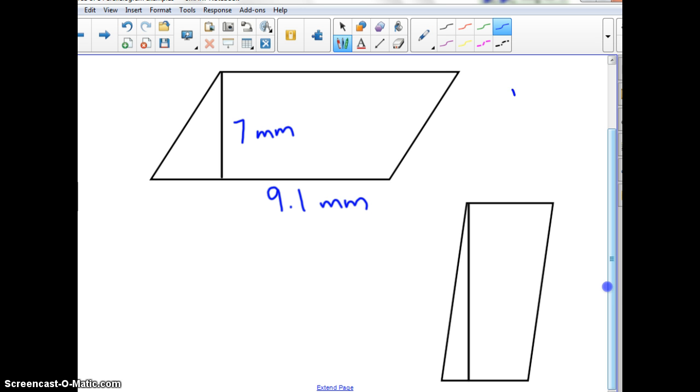Okay, you're super close. Not 63.1, it's 63.7. That's right. 63.7 millimeters squared. Good work. There you go. Today you might see numbers that have a decimal in them. This is how we do that. Just a quick review of that.